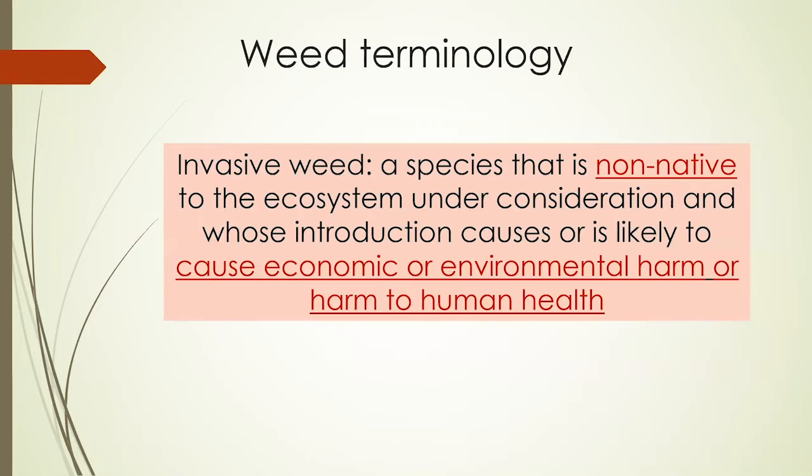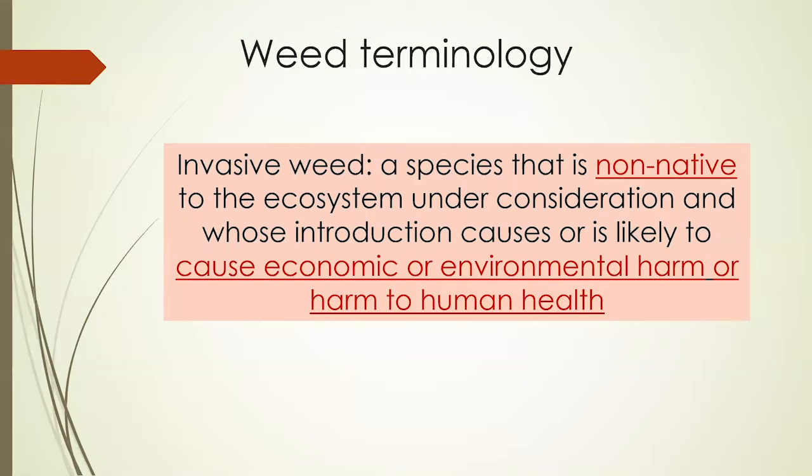Another weed terminology that's bandied about is invasive weed. And this is a non-native species, not native to the ecosystem, and it's going to cause, or likely to cause, economic or environmental harm or harm to human health.